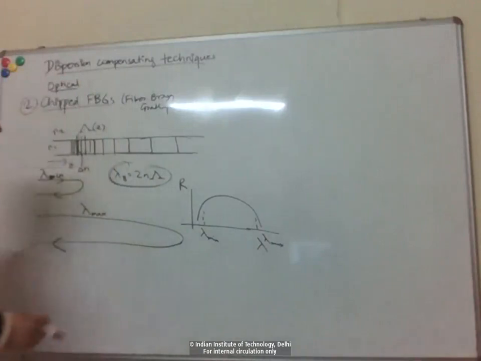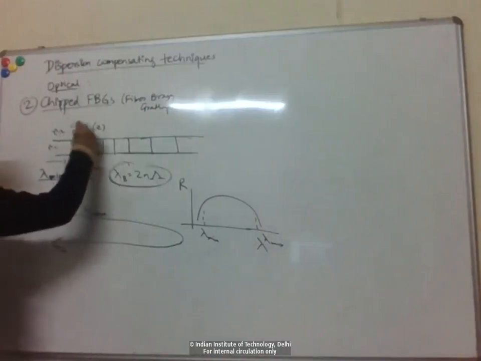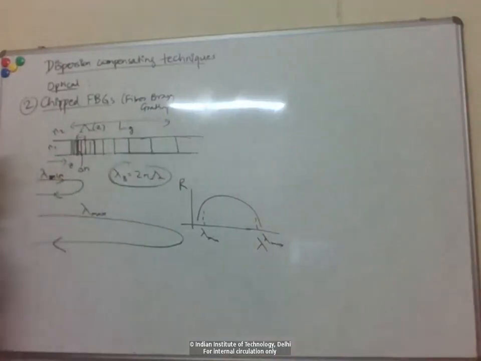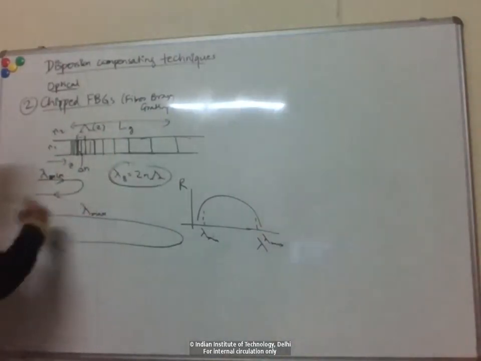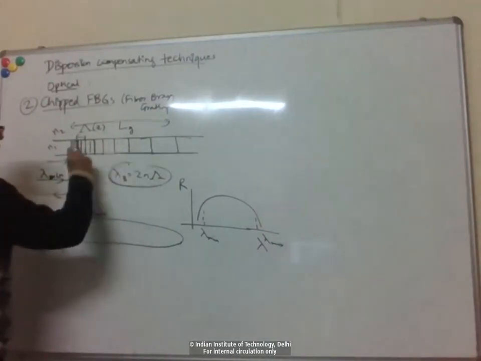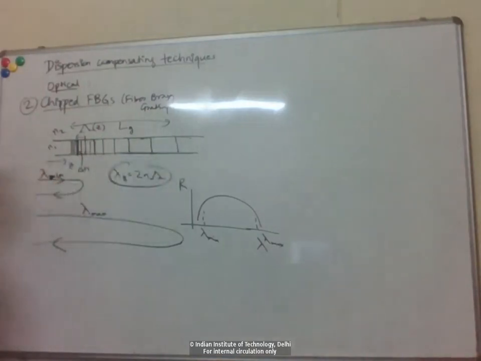Right, so not only this, but what's happening here is that you can see that this wavelength is traveling a longer distance, right? So if this is the length of the total grating, then you can see that the lambda max wavelength is traveling almost twice the grating length more than this minimum wavelength, right?